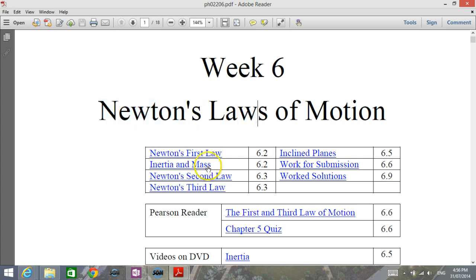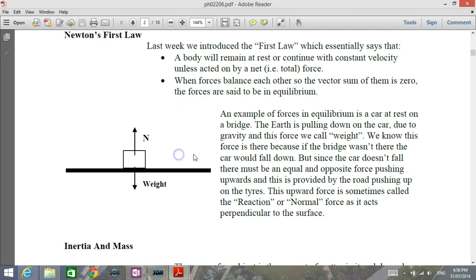Now let's go to Newton's first law. Newton's first law is quite simple. A body will remain at rest or continue with constant velocity unless acted upon by a net force. Remember, a body will remain at rest, remain stationary, or constant velocity.